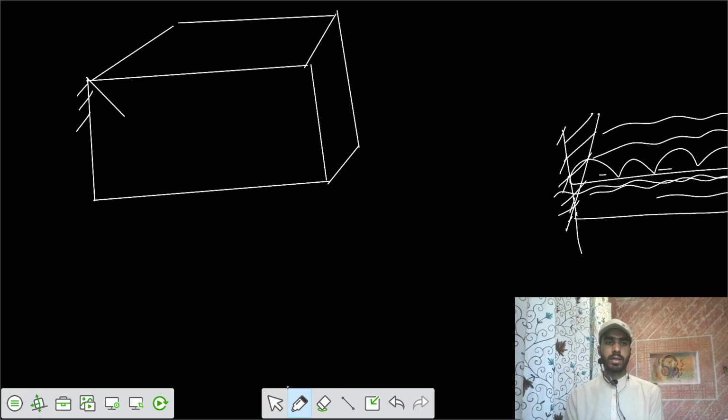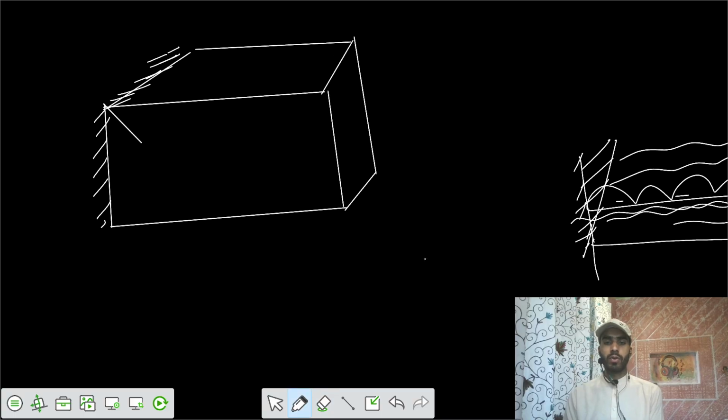So let's say this is the cantilever beam. Fix it on this side. So this is the cantilever beam. Now you are applying a UDL. So this is your UDL.